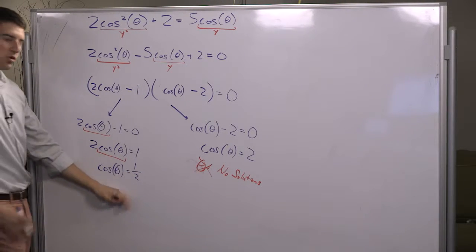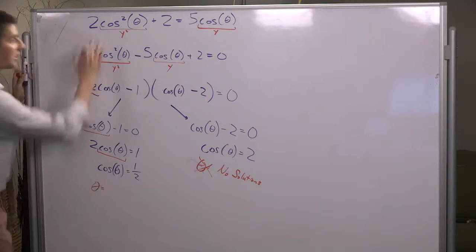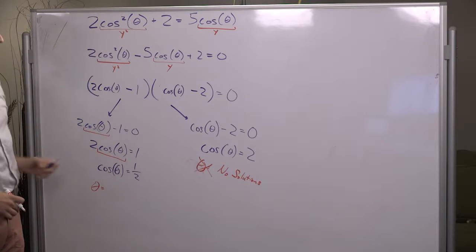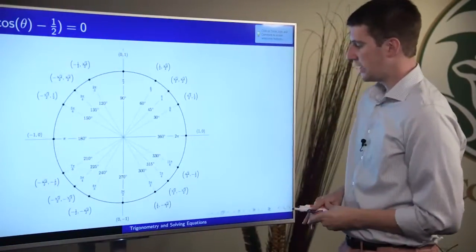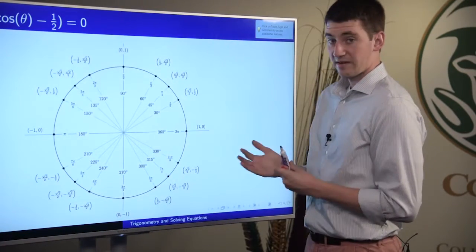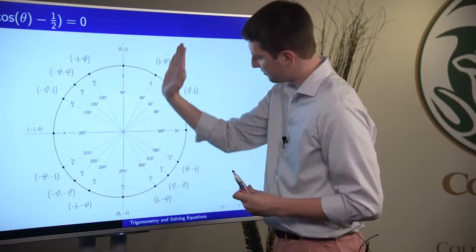Now let's try to find what are the theta values that satisfy this equation, which in turn will satisfy this equation. So if we look at the unit circle, again, we're looking for cosine of theta to be equal to 1/2. So here is 0, and here's positive 1/2.